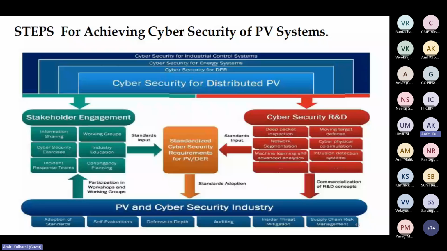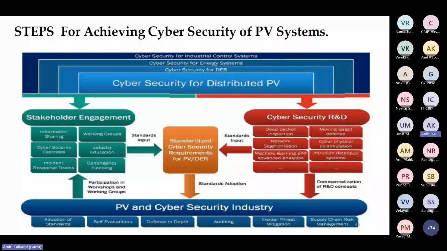We also need to take help of R&D, as there are many data analytics tools available now, such as machine learning and AI systems. We can use them to look at the traffic, see what the trend could be, and decide what should be done.